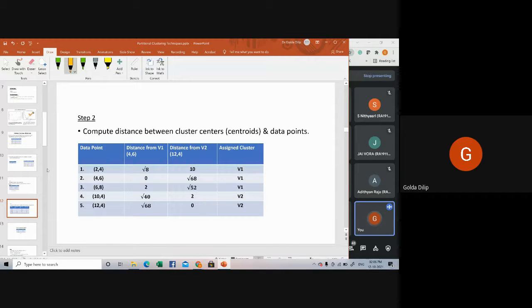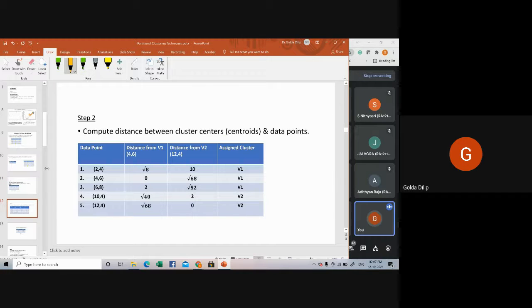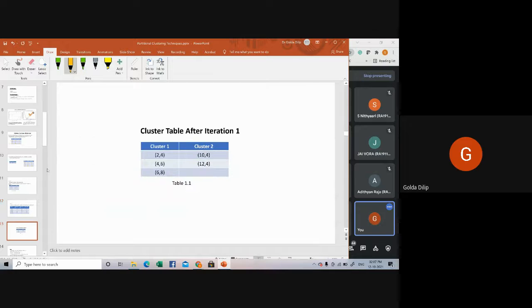Then you computed the distance between the cluster centers, that is the centroids, and the data points using the Euclidean distance measure, and assigned the points appropriately to the clusters designated V1 and V2 based on the mean distance. After the first iteration, this was the cluster.